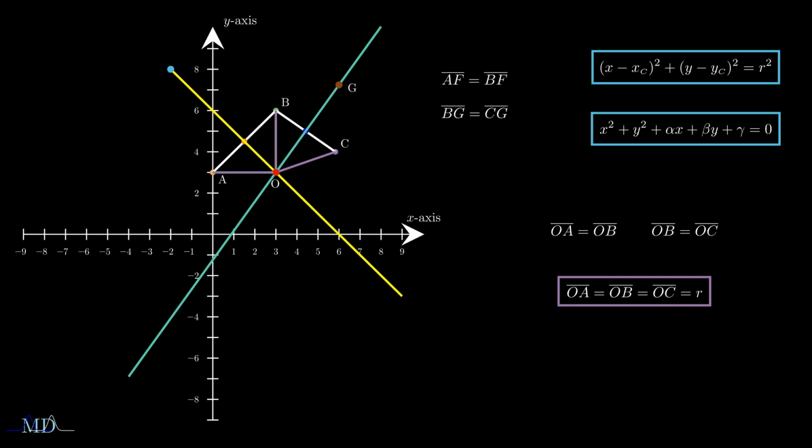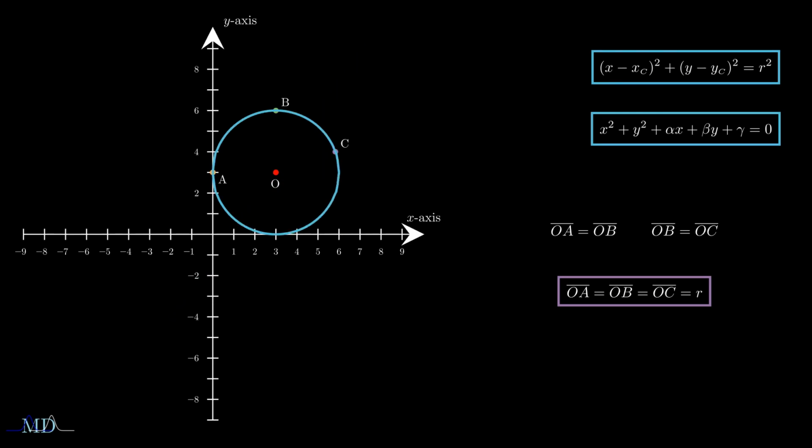And OA that is equal to OB and OC is the radius of the circle we are looking for. The point O is the only point with such a property. You can't find another one that is equidistant from the 3 points. So O is the center of the only circle that passes through A, B and C.